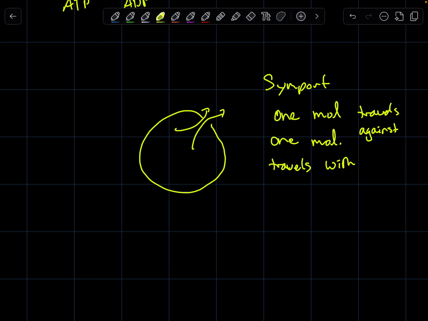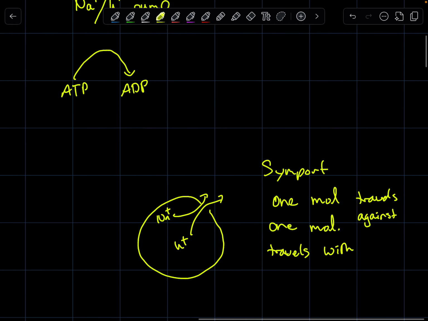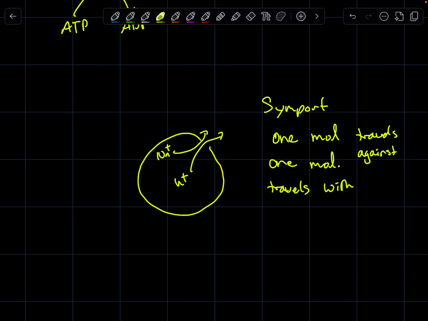So, for example, if we're looking at a cell, we have sodium and potassium. Okay, now we see here that potassium wants to leave. Okay, because it's symport, sodium goes against the gradient.